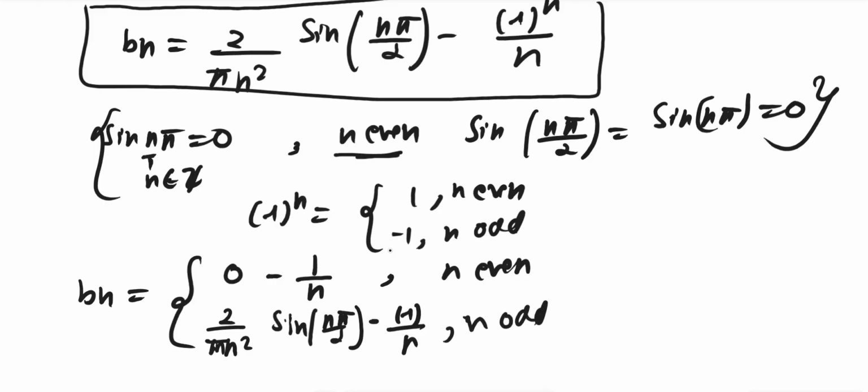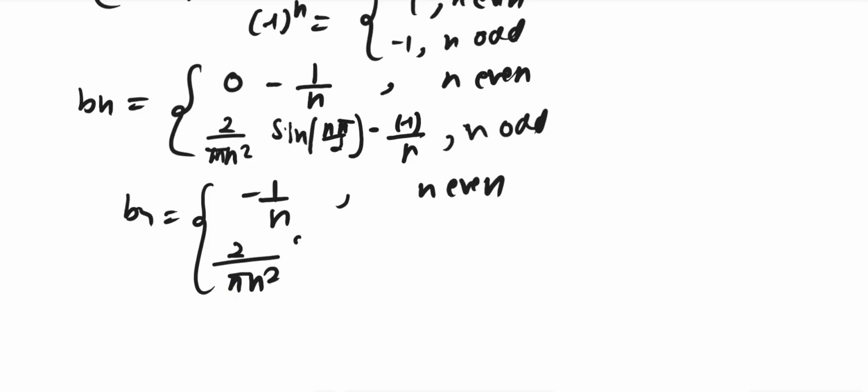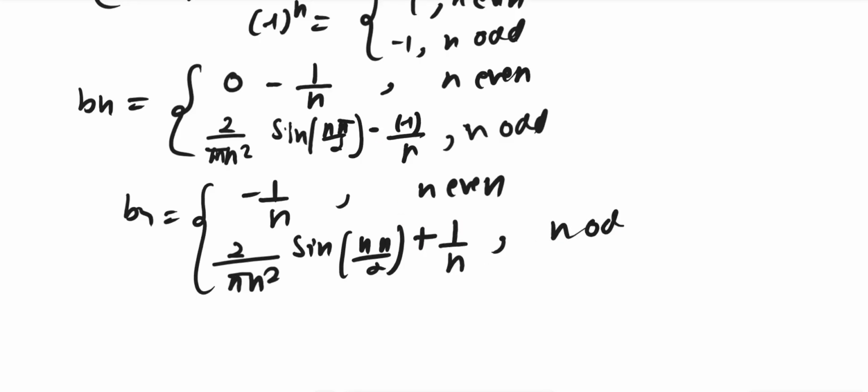Since when n is odd, minus 1 raised to the power n is equal to minus 1, so it is minus 1 divided by n. So finally bn is equal to minus 1 upon n when n is even, and 2 upon pi n square sine n pi by 2 minus minus plus 1 upon n when n is odd.